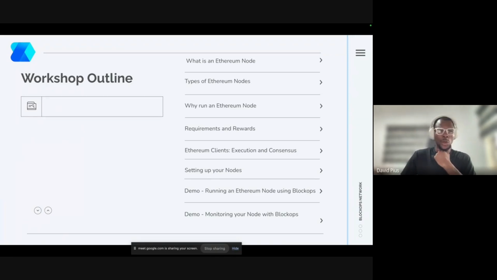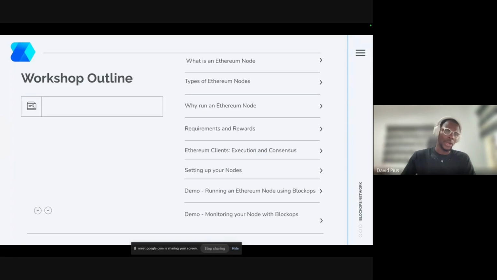One of the goals for us at Blockops is to not just create tools that enable people to run nodes, but also educate the community, similar to what Nodebridge is also doing, right?